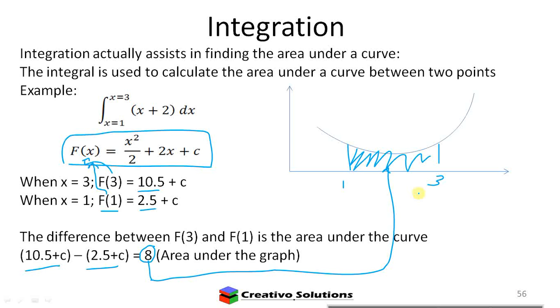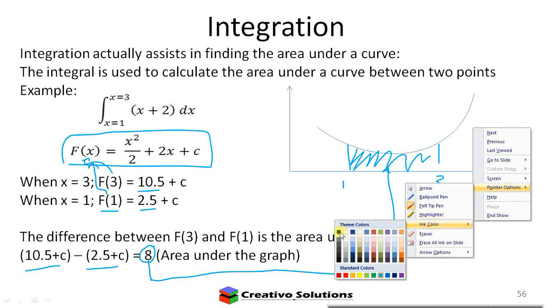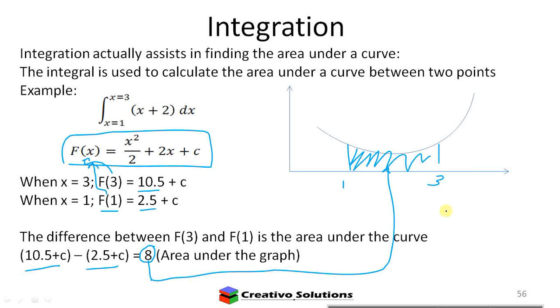Right, so how do I find the area between two points? I write down the definite integral. Step 1, find the definite integral. We write down the equation for it: the integral from 0 to 2 of x squared minus 4x dx.